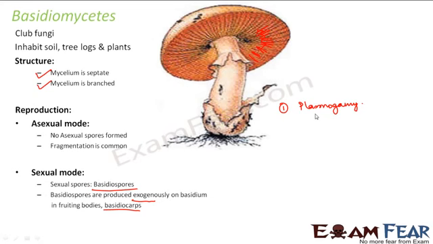The result will be a dikaryotic cell. I discussed all this, right? Dikaryotic means only the cytoplasm of the two cells will fuse. So now we have one cell with one common cytoplasm but two nuclei, that is a dikaryotic, two nucleus cell. And at this stage, basically, basidium is formed.